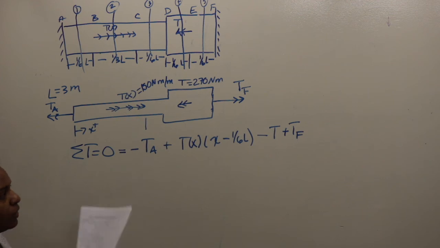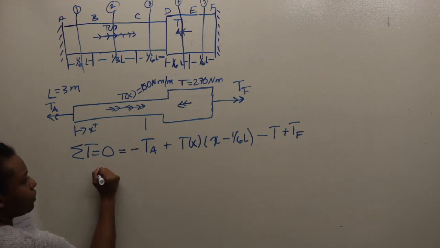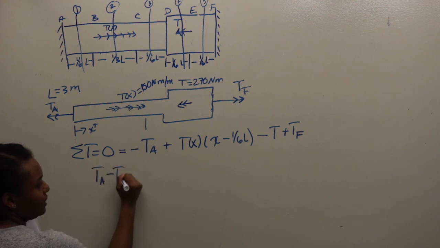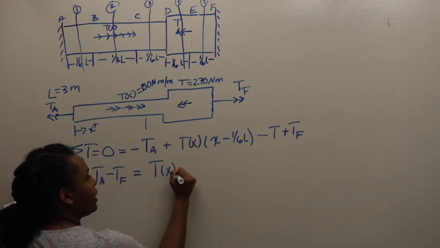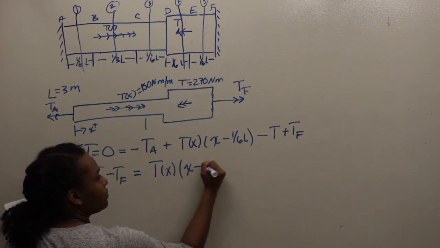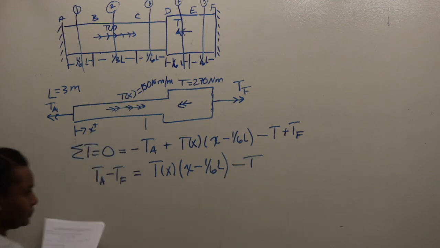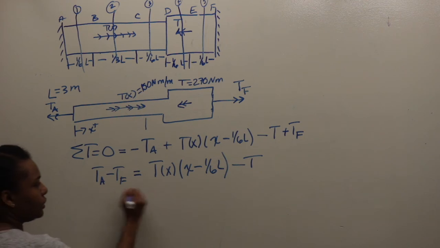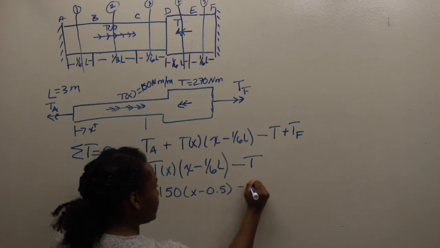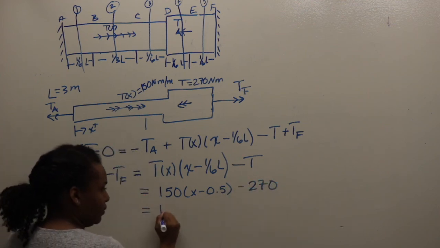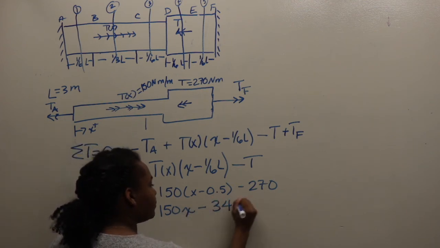So my rule of thumb is to put the reactive torques on one side and the known torques on the other. So TA minus TF equals T x minus 1/6L minus the concentrated torque. And just to plug in some numbers, this will equal 150 x minus 0.5 minus 270, which will end up equaling 150 x minus 345.